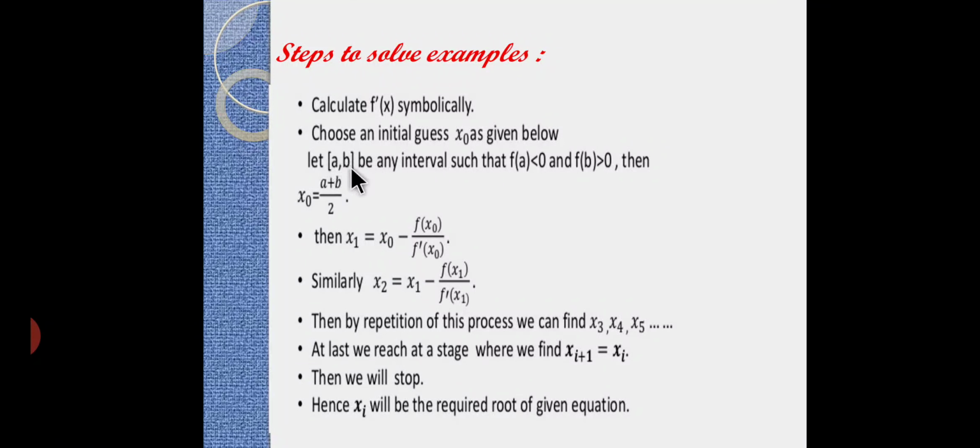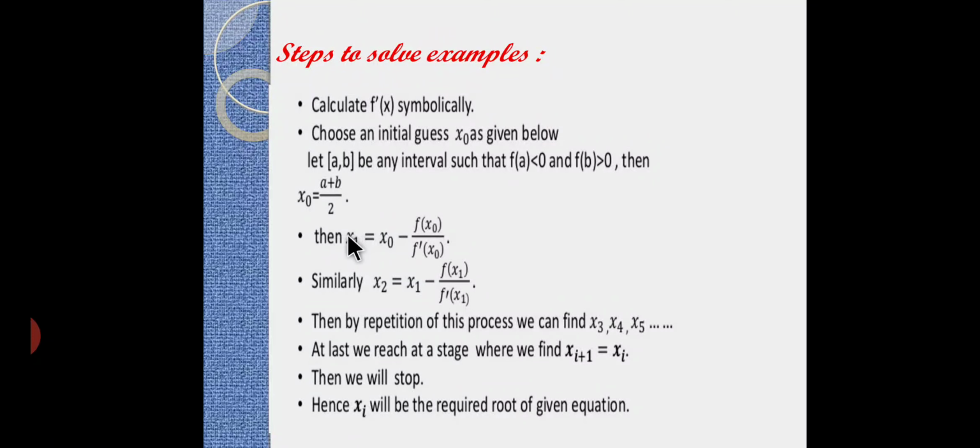Let the closed interval a comma b be any interval such that f of a is less than 0 and f of b is greater than 0, then x naught is equal to a plus b by 2. This is the intermediate value property. Using the intermediate value property we can derive the interval of the given function.